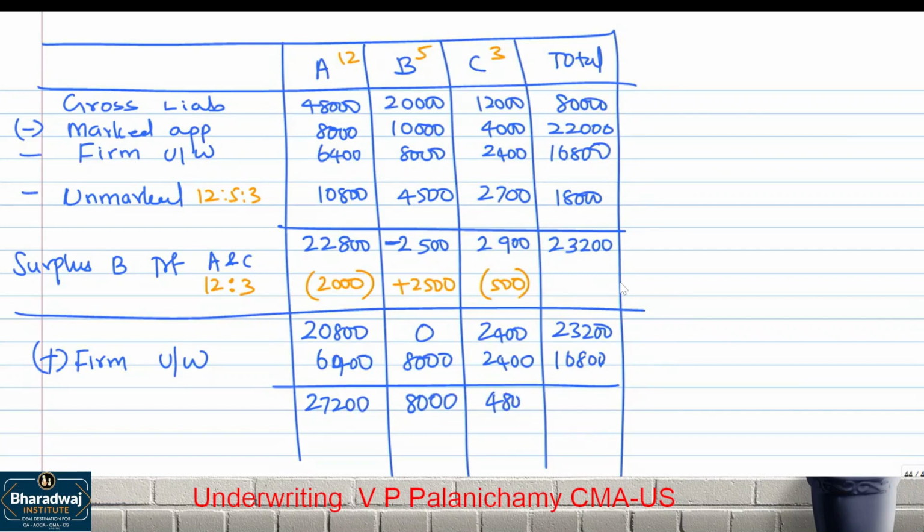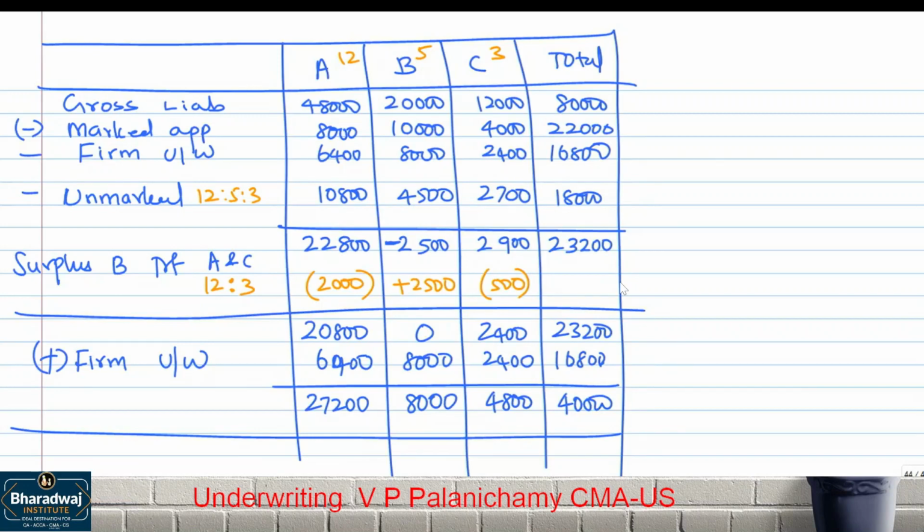This is the net liability, or you can say final liability. Done. 27,200, 8,000, 4,800, totally what? 40,000. Here also we can reconcile and verify.